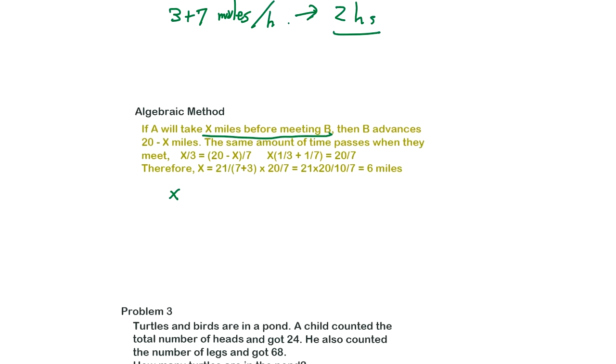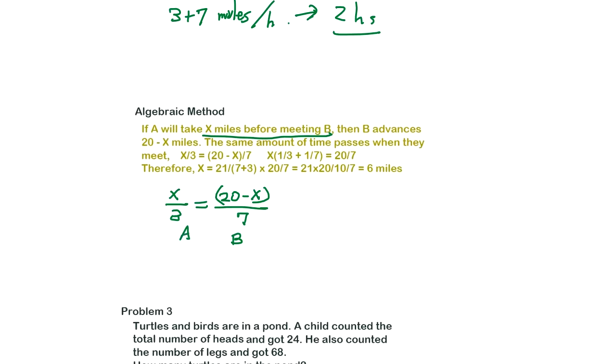x miles A walks divided by 3 is the time it takes to meet each other, which is 20 minus x, the remaining, divided by 7, because B is moving at 7, A is moving at the speed of 3 miles per hour.